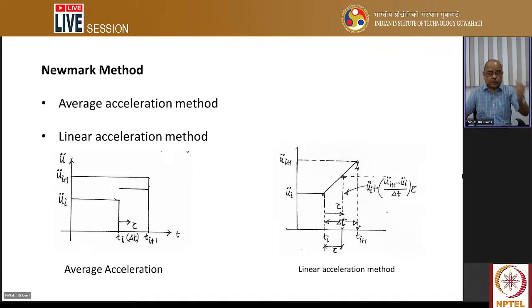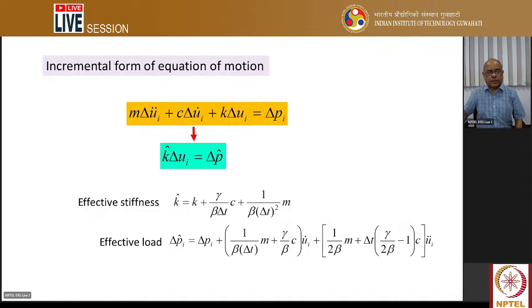Then in the linear acceleration method, we assume that the acceleration varies linearly, and we can find that at any time instant measured from this Ti, the acceleration expression is this. So Newmark has given this expression for displacement and velocity, and we can express this in the incremental form after certain manipulation. Here also you can see that incremental deflection is equal to K cap inverse times del P cap.